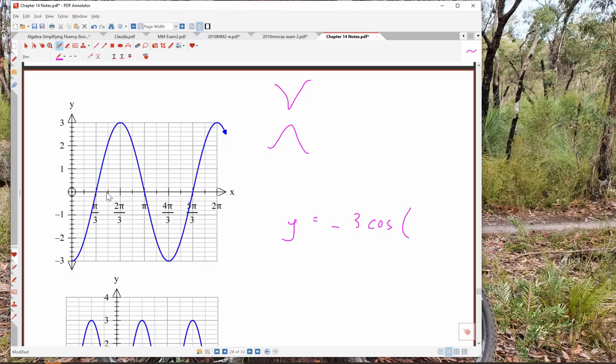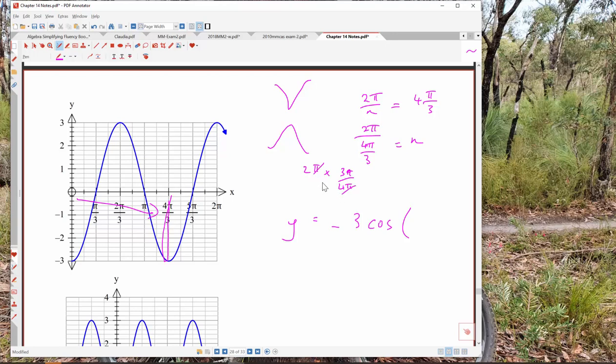And what's my period? Well, it looks to be 4 pi on 3 gives us one full cycle. So we're going to do the same thing, which is 2 pi over an n value gives us a period of 4 pi on 3. What's the n value? It's going to be 2 pi over 4 pi on 3, which is 2 pi times 3 over 4 pi.